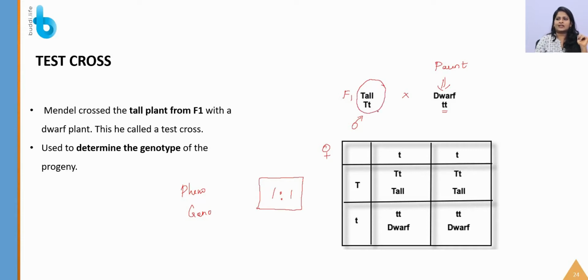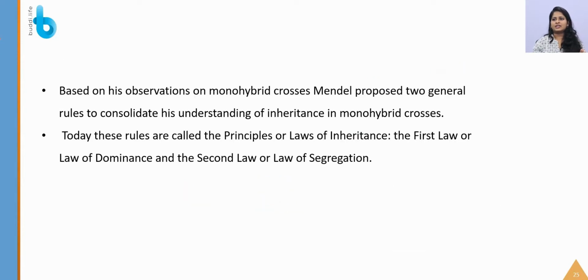So he said that this tall plant of F1 generation will also have a recessive trait. So based on his observations of monohybrid crosses, Mendel proposed 2 general rules to consolidate his understanding of inheritance in monohybrid cross.